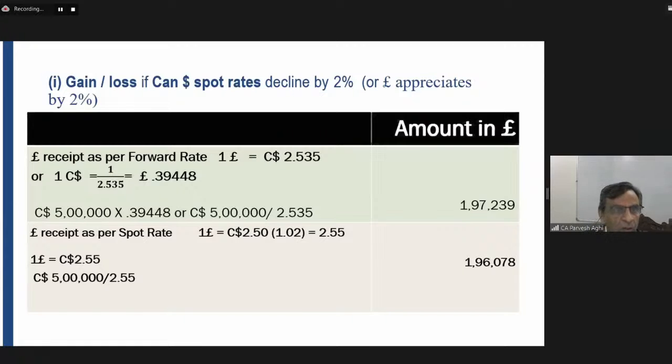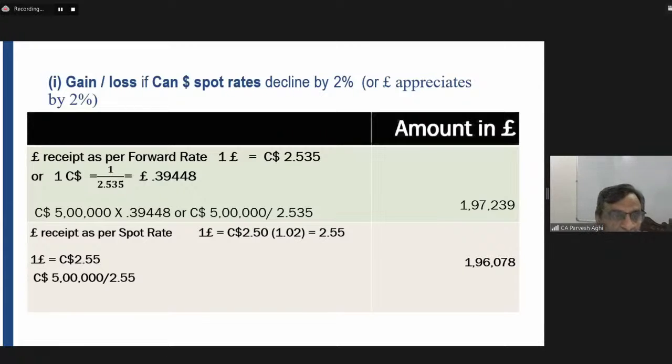If the Canadian dollar spot rate declines by 2%, which means the pound is appreciating, we can just take 2.5 multiplied by 1.02, that is 2%, and 1 pound will be equal to 2.55 Canadian dollars. Now we can just calculate: 5 lakh Canadian dollars divided by 2.55. We applied the shortcut here, so we get 1,96,078.